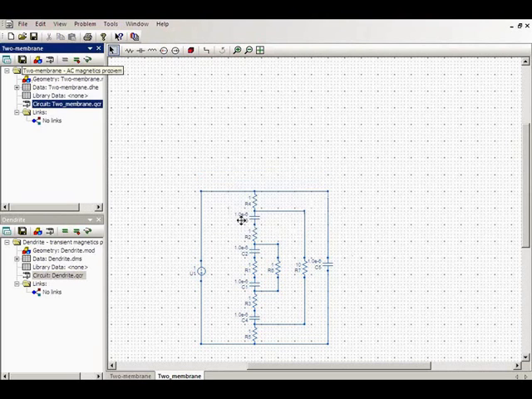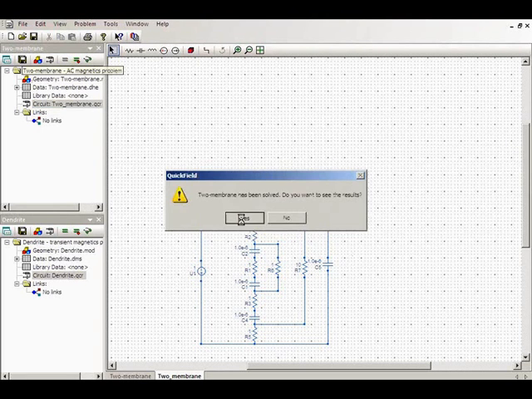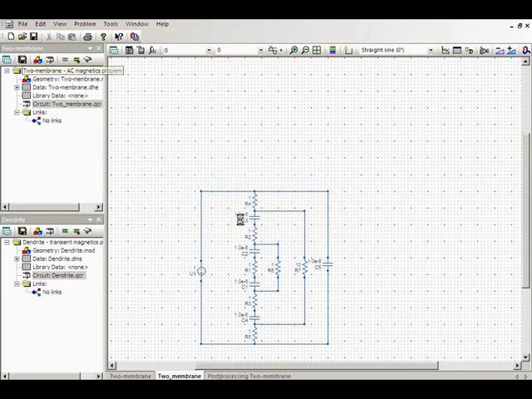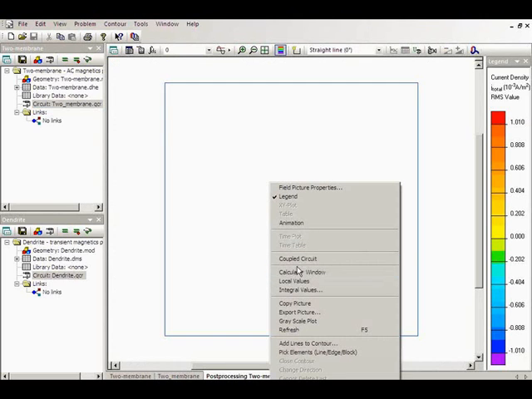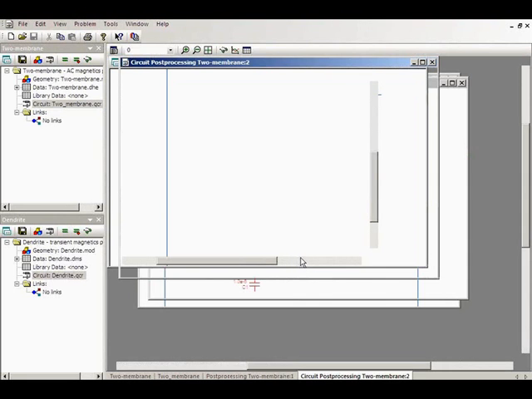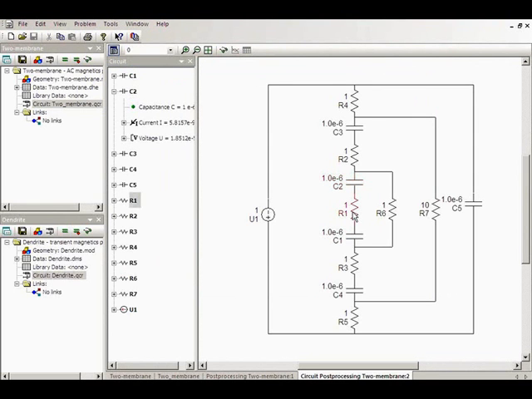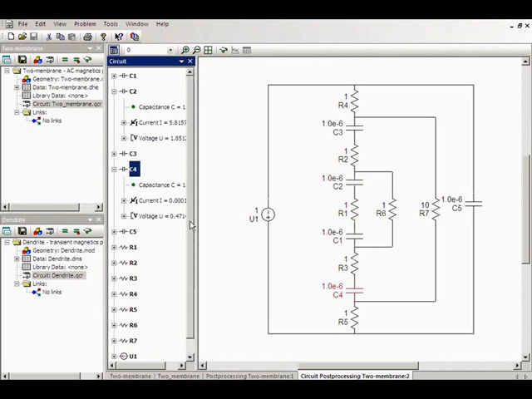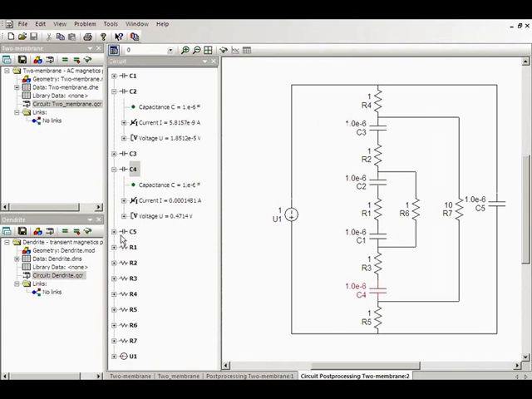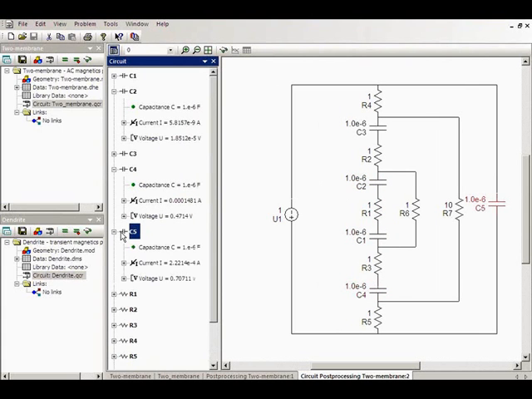So let's solve it, and we can now look at the coupled circuit, and we can look at the values, the current and the voltage across each separate element in the circuit simply by clicking on the circuit, or on the side panel we can look at the capacitance and the current and voltage for each one of these here.